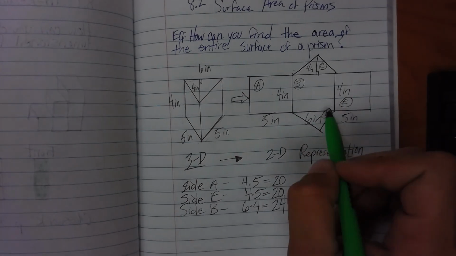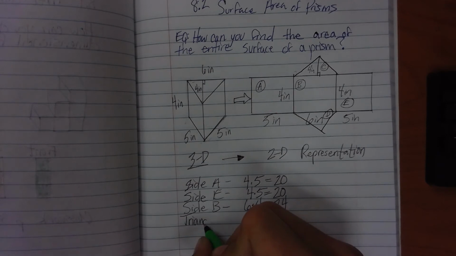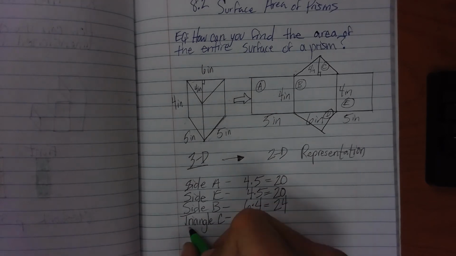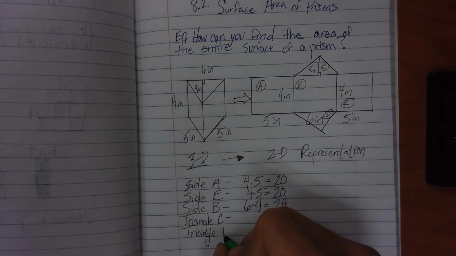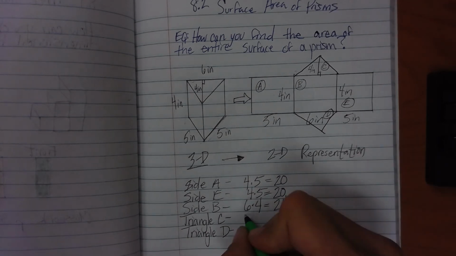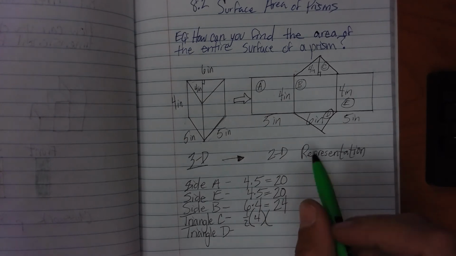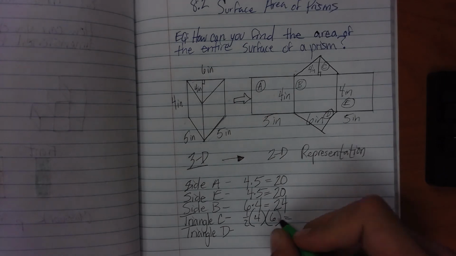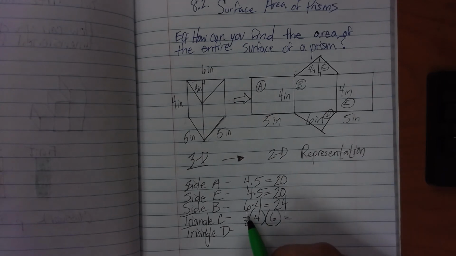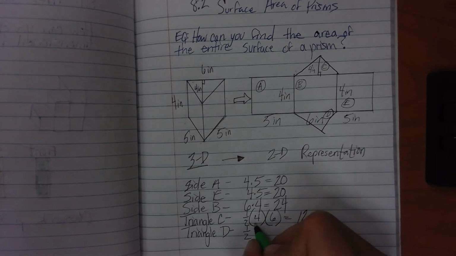So triangle C, triangle D, we have 1/2 times 4. The base is 6. So 4 times 6 is 24. 1/2, that gives me 12. It's going to be the same for D.